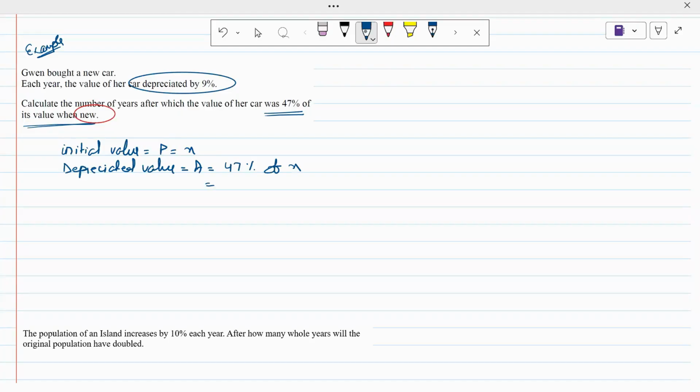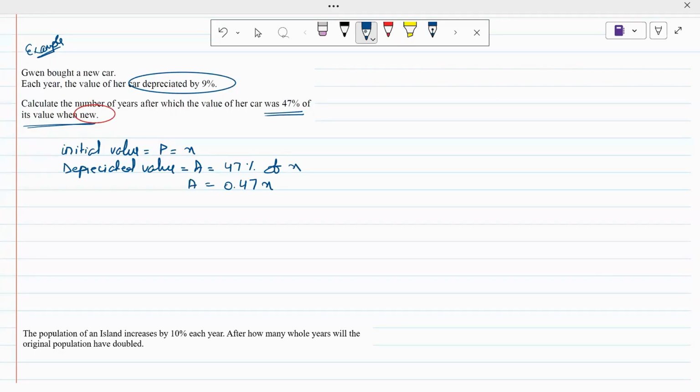So we can write this as 47 upon 100 into X, which would eventually be 0.47x, because 47% means 47 upon 100 times x. So this is A for us.